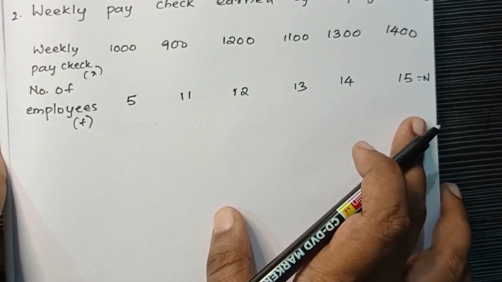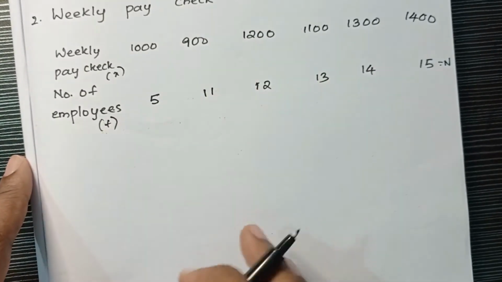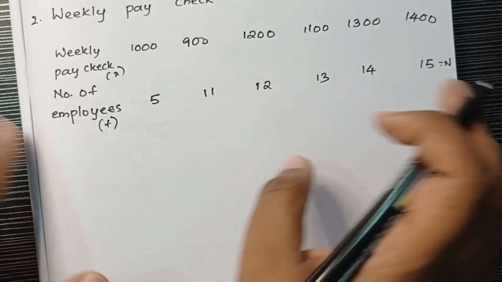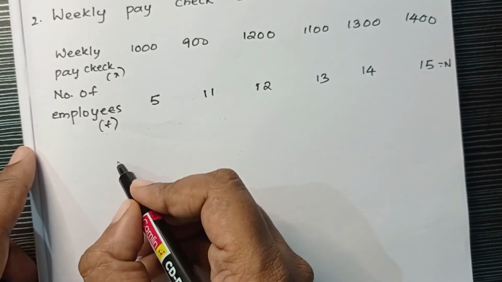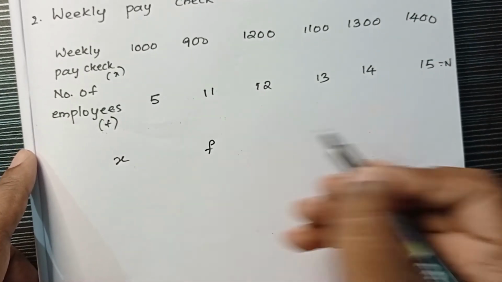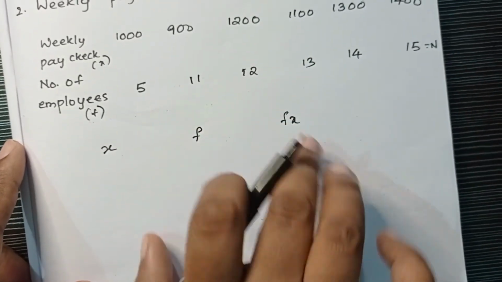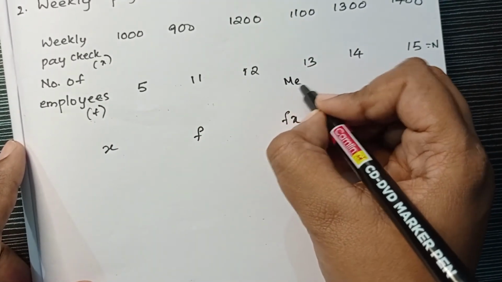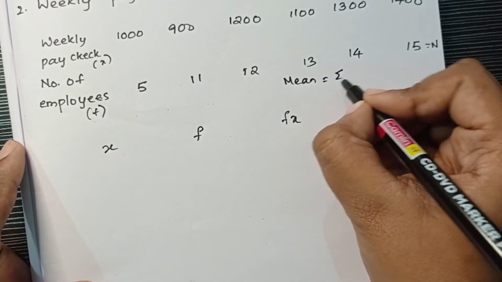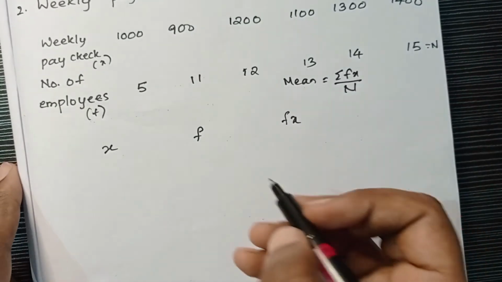For our convenience, we can write in tabular format, so that it is easy for calculation purposes. So x, f and fx. Why do we have to write it in this format? Because we are going to use the formula mean equal to summation fx by capital N.